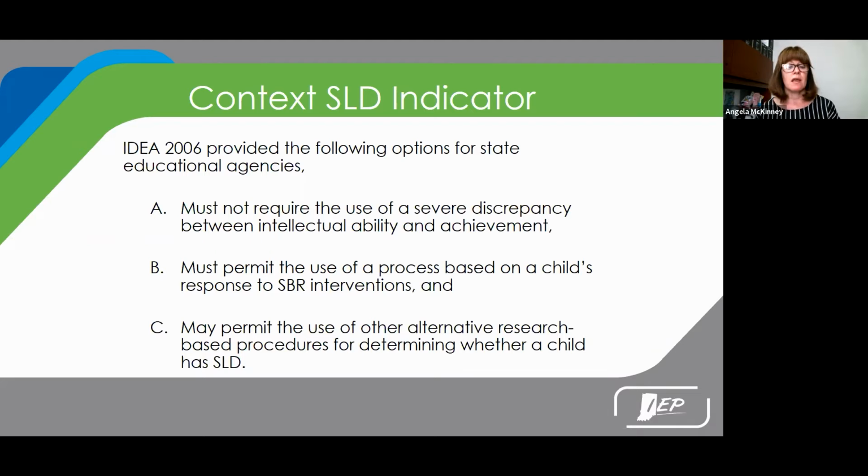If you don't know what that process is like, go back and view the other webinar on insufficient progress to get a better sense of how that should look. It's not just the fact that I spent a little time getting some intervention and collected some random data. It has to be specific. And then it also says it could permit the use of other methods for determining whether a child has a specific learning disability. So this was the federal guidance on this.